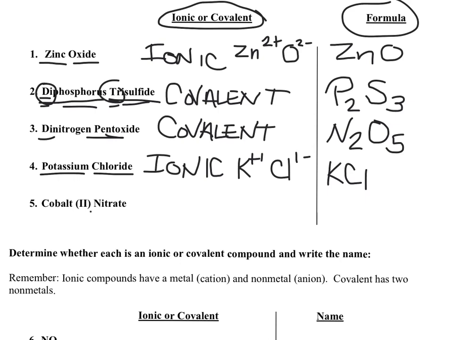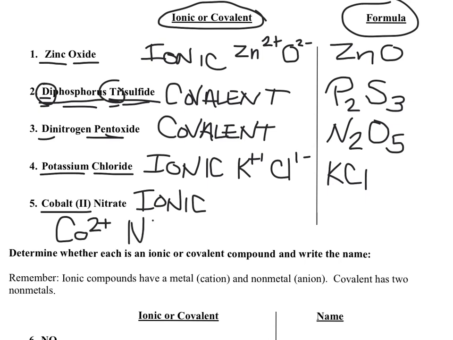All right? This next one says cobalt 2. Cobalt is a transition metal, so that must mean that this is going to be an ionic compound. Now, if I look, I don't even have to look on my ion sheet for cobalt 2. The fact that it has a Roman numeral 2 means that it's a 2 plus charge.